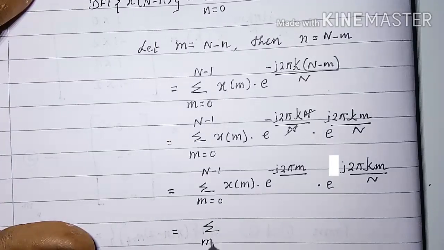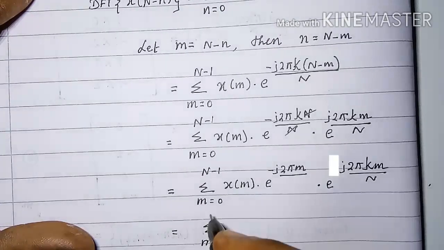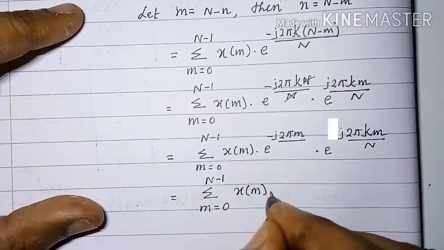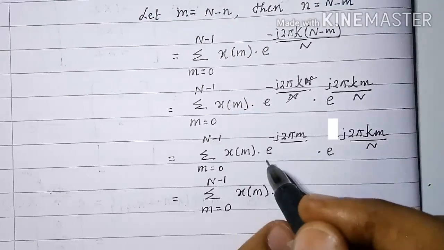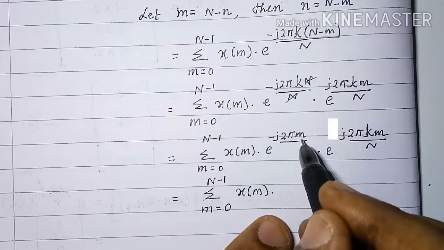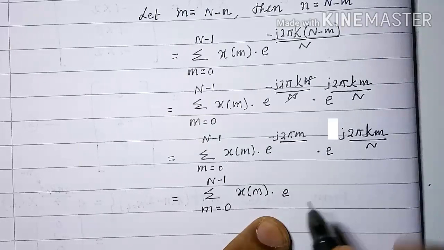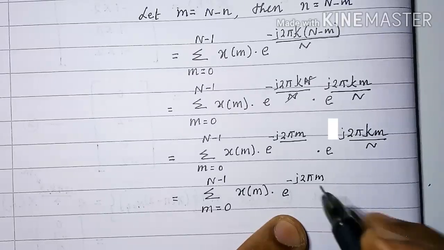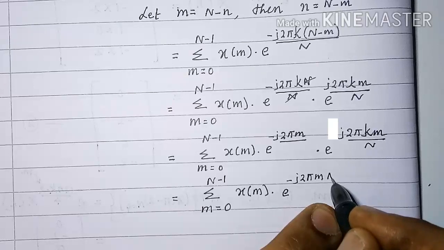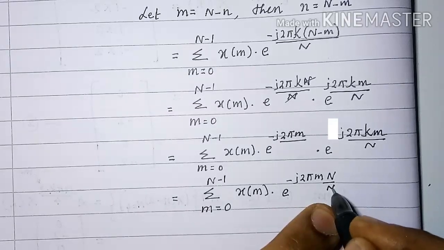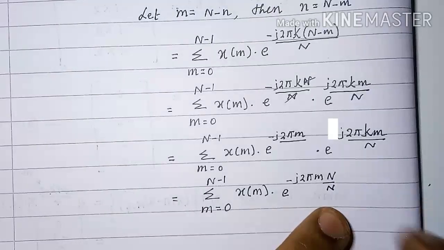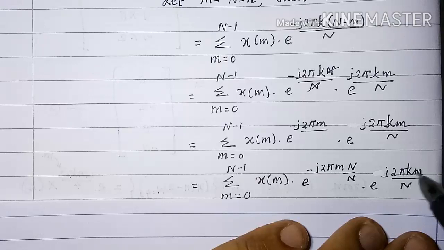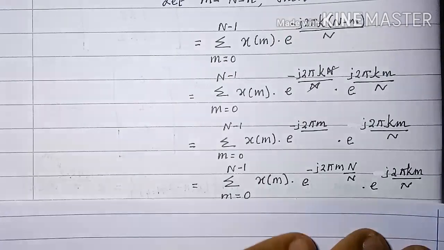In the next step, in this exponent e raised to minus j 2 pi m, we will multiply by N and divide by N, which is again equal to 1, into e raised to plus j 2 pi km upon capital N.